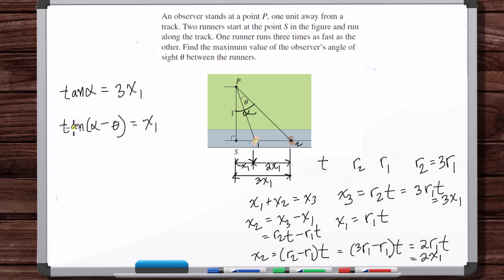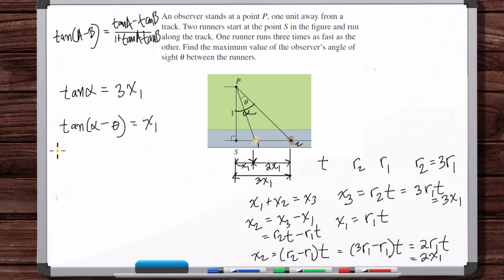Okay, so now let's use the trig identity for the tangent of a minus b. Tangent of a minus b is equal to tangent a minus tangent b over 1 plus tangent a tangent b.